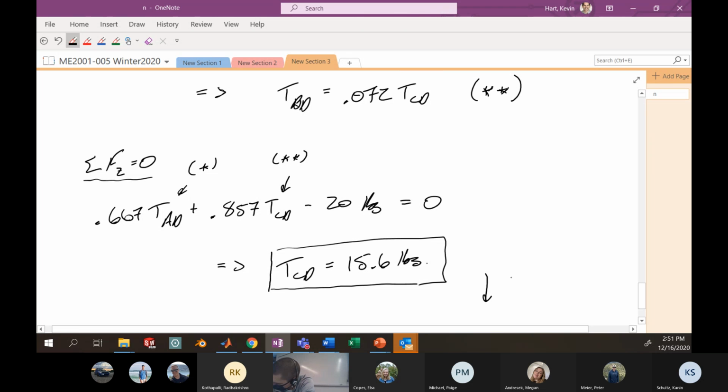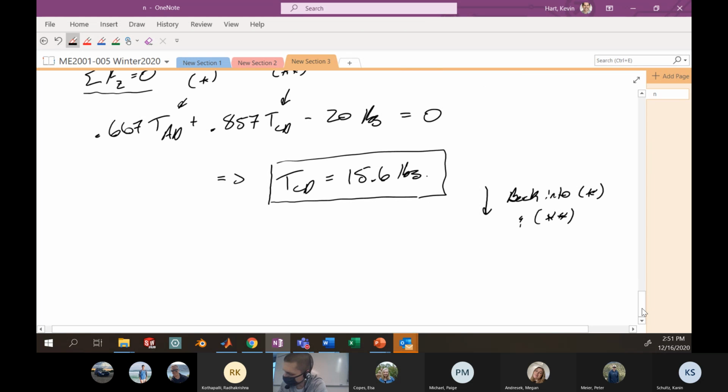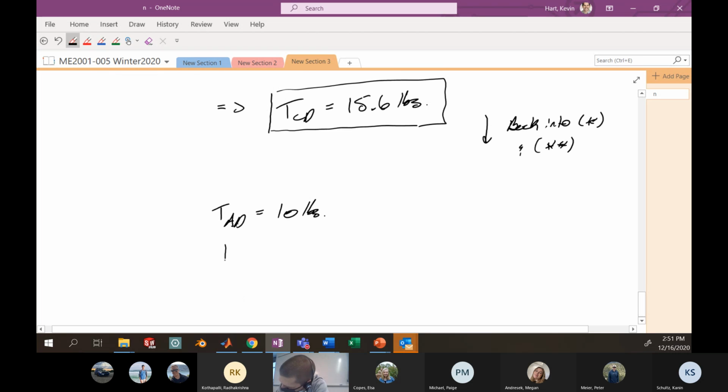Okay, and then back into star and double star will yield you the other two tensions. And that is TAD is 10 pounds. And TBD is 1.1 pounds.